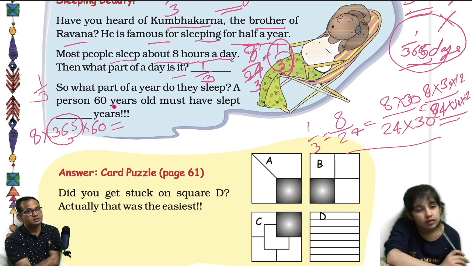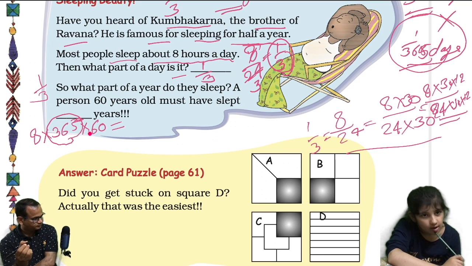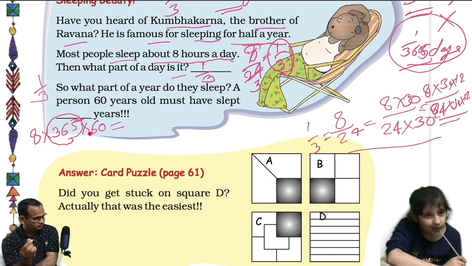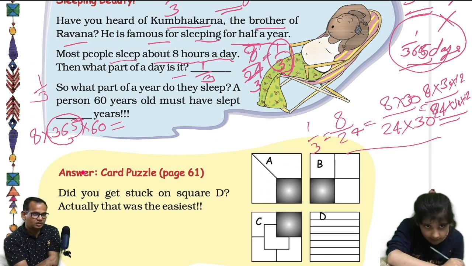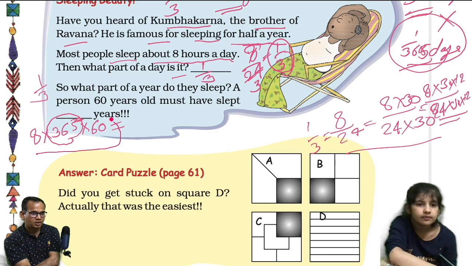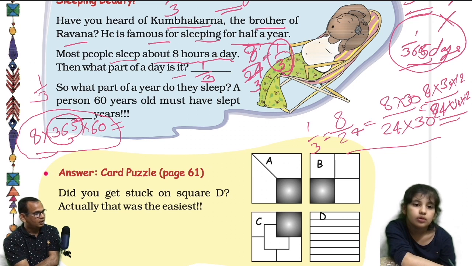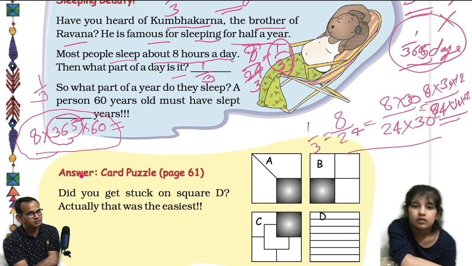A person 60 years old must have slept these many hours. And how many hours are there in a year? 365. That is days. Hours in a year is 24 multiplied by 365.